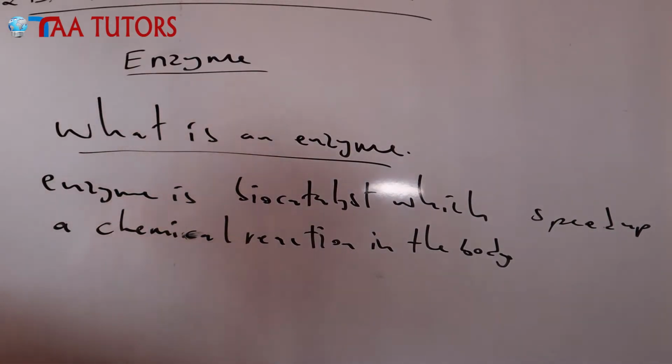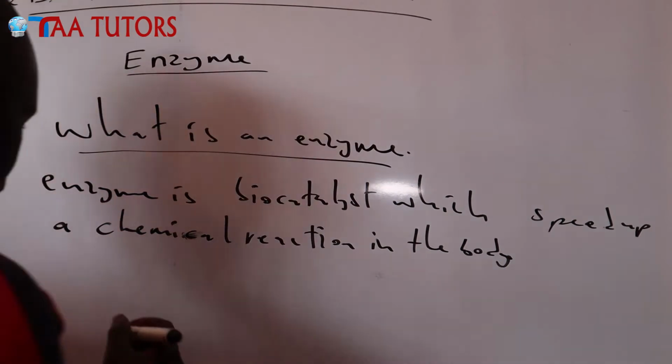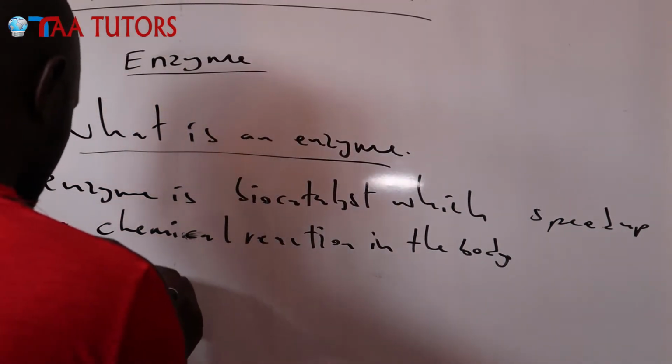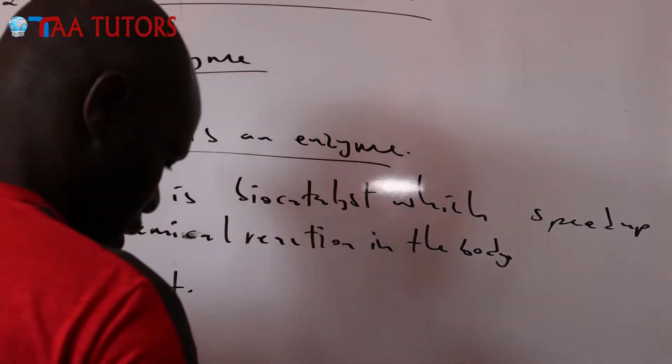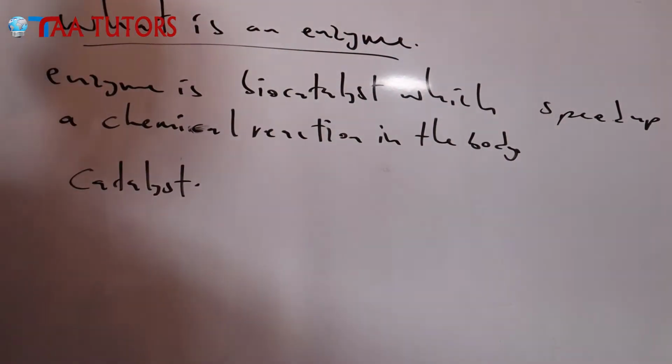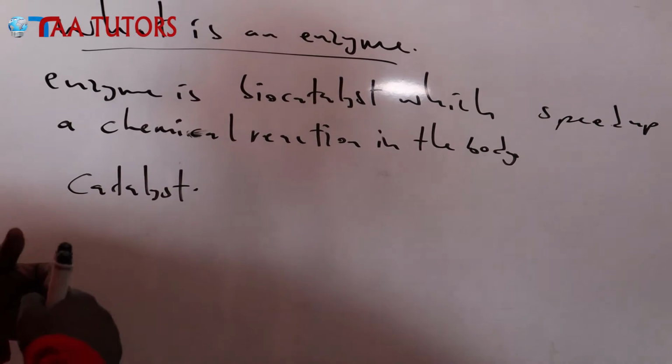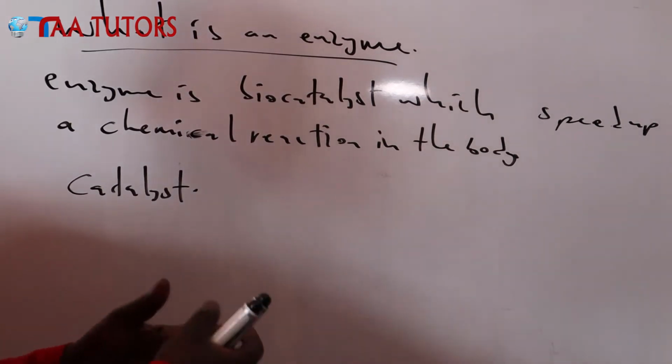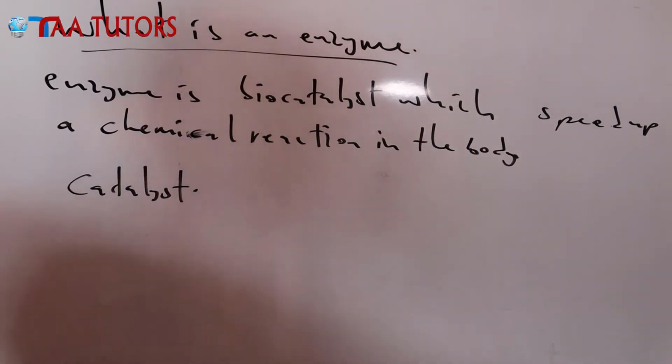Now I want you to understand what a catalyst is. A catalyst is a substance that changes the rate of reaction without affecting the product, and in the process itself is not changed during the reaction.